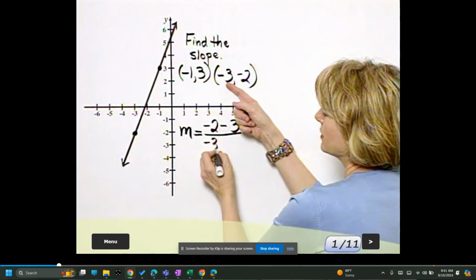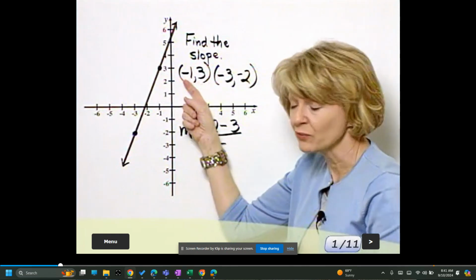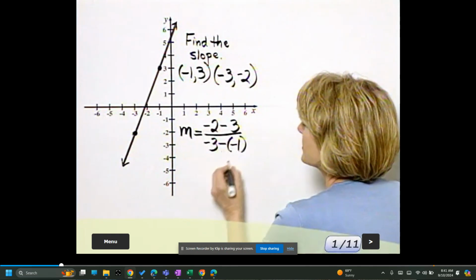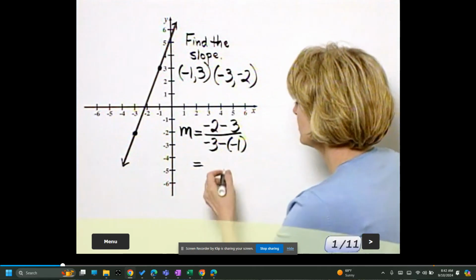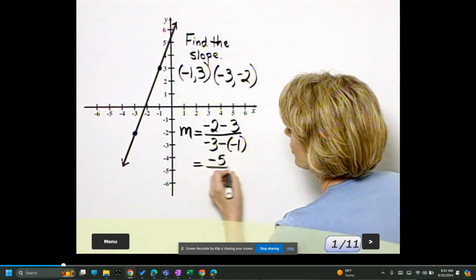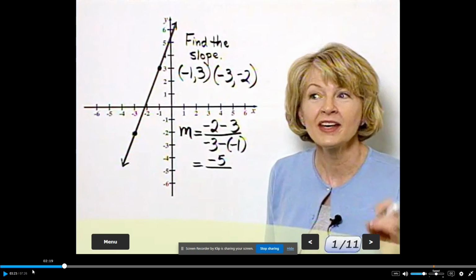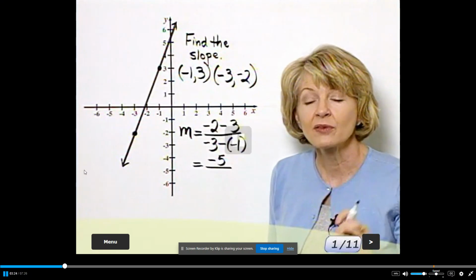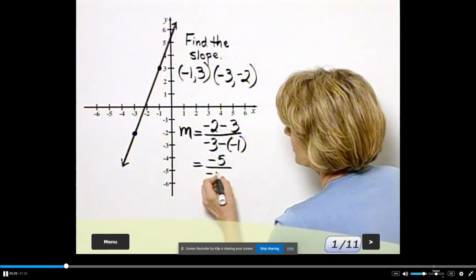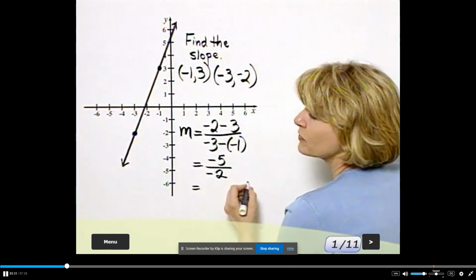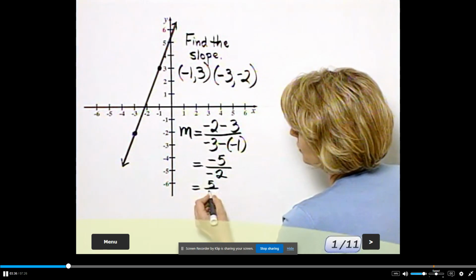X minus, from the formula, and then this x value is -1, so minus a -1. And now let's simplify. -2 minus 3, that's -5, over -3 minus a -1. That's -3 plus 1, and -3 plus 1 is -2, and then a negative divided by a negative is a positive, so I have +5 over 2.